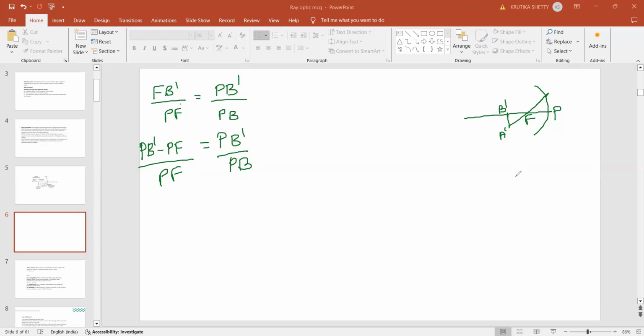Yes, check. If you did not understand, look here. Suppose F B dash is 3 centimeter, and the full length is 10 centimeter. What will be the remaining? 10 minus 3 is 7, correct? This is how we have written it. So 3 can be written as 10 minus 7, and 7 can be written as 10 minus 3. Okay.